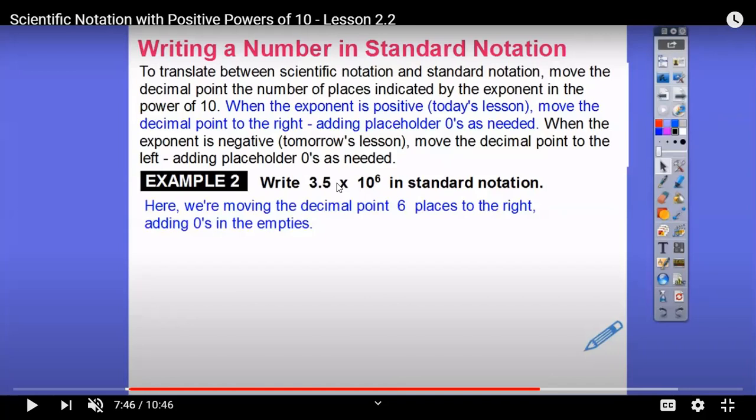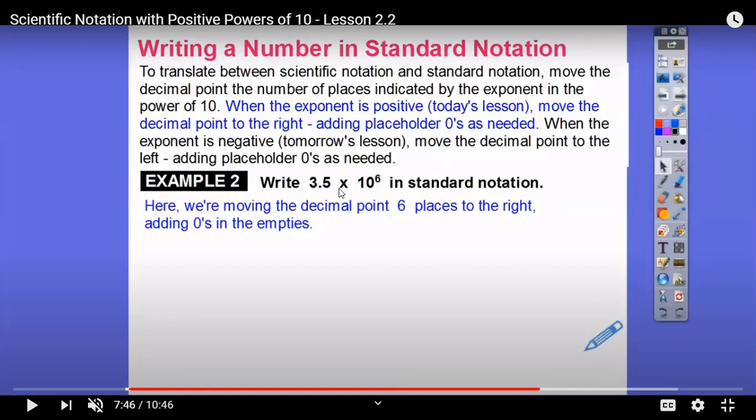Okay, but what do you notice here? We notice that we have only 1 digit after the decimal point. Only 1, and I'm looking for 6? Yes. So how many more zeros do we need?